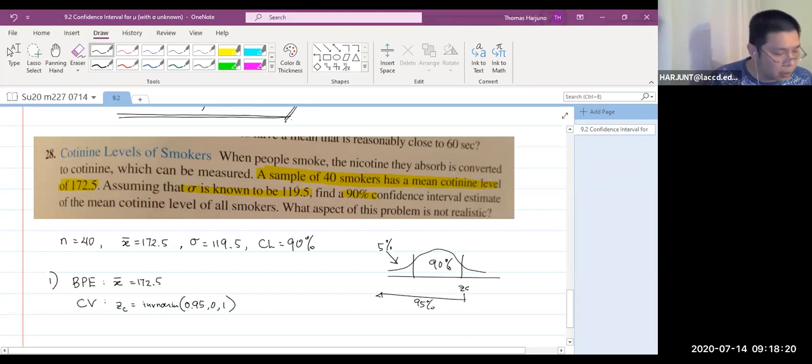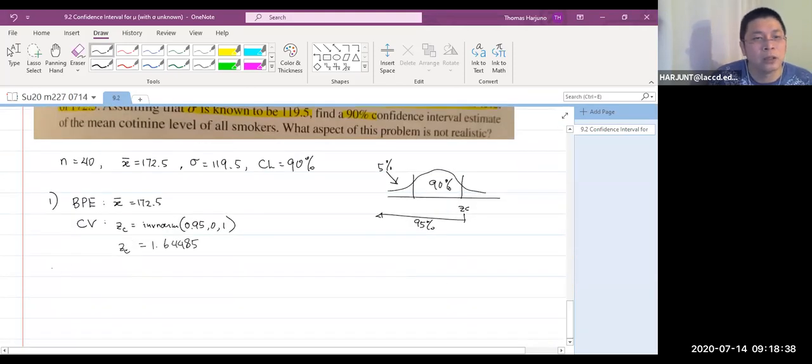Okay, and then I get the critical value is 1.64485. And then the margin of error is 1.64485 times 119.5 over square root of 40.